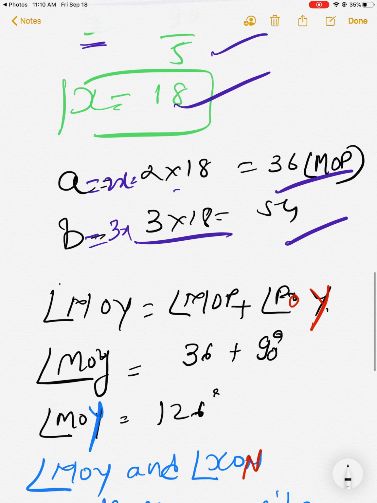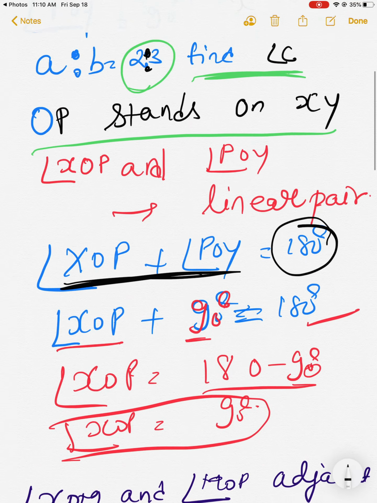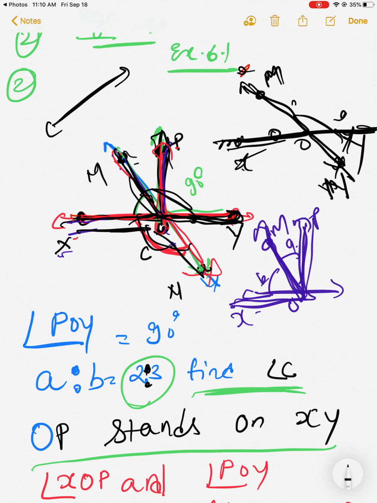Here MOY is equal to MOP plus POY. MOP is A and POY we already know is 90 degrees. A we have got, so C is the vertically opposite angle of MOY.